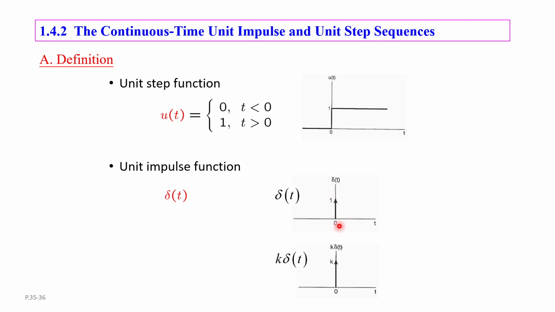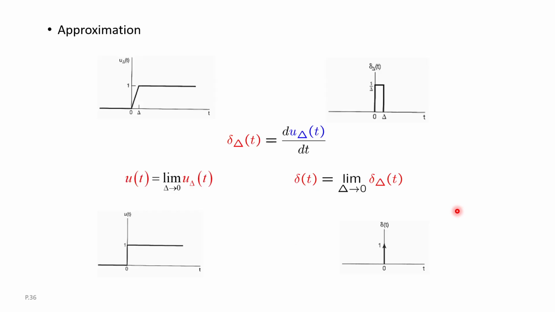So we write it as an arrow here, and this means that this thing has infinite height at t equal to 0. So how does this infinite height actually work? It works through a limit. We think of the delta function as something very thin and very high, but that has finite area.